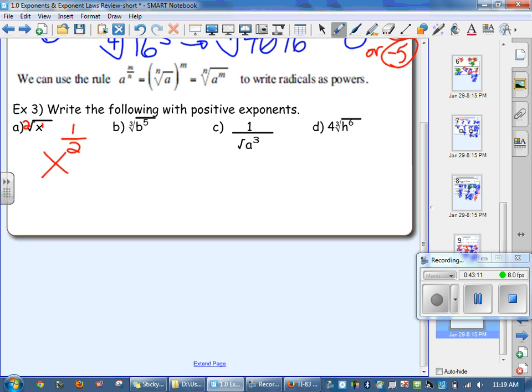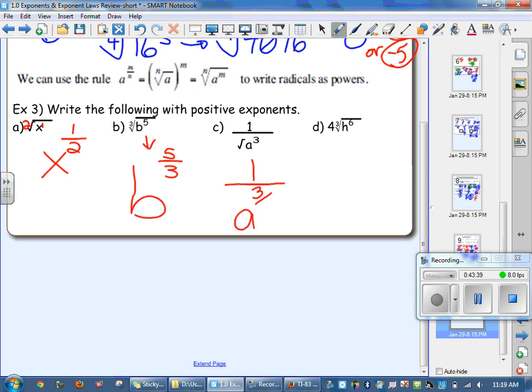Letter C, we also want to leave it in positive exponents, so I'm going to leave it in a fraction like that. I take this guy out of the radical, and he becomes a to the positive 3 over 2. And again, that's a positive exponent. I'm not going to flip them to become negative. They wanted positive exponents. On this one here, the 4 is going to multiply and be the coefficient in front of my variable.